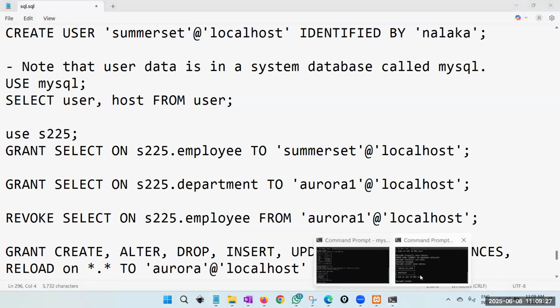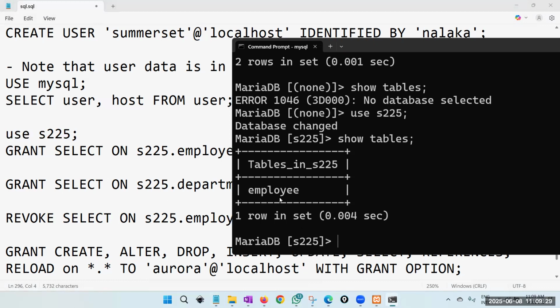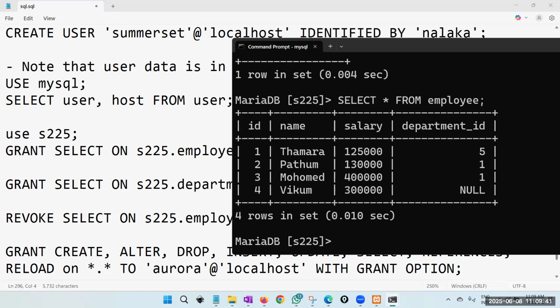So therefore, this guy can only see employee table. Now this guy can write select queries on employee. Say select all from employee. But this guy can't write select all from department because department access is not given.